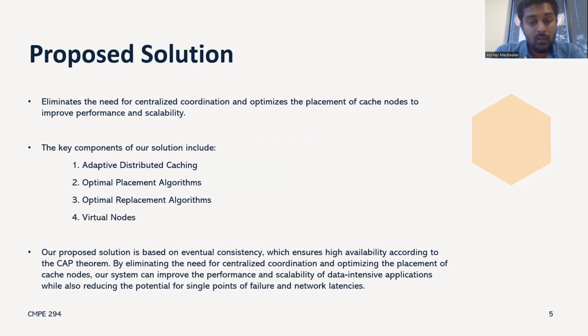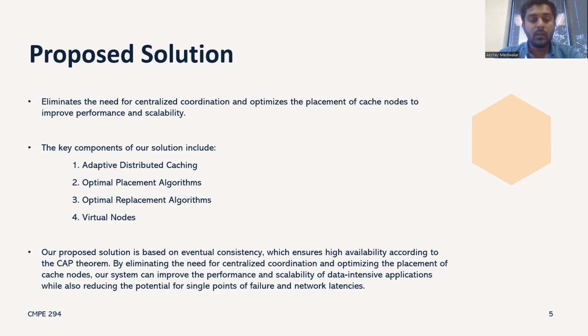Some of the key components of our solution include the caching system that maintains a configurable number of duplicate objects and locations across multiple cache nodes to eliminate the need for a centralized coordination server, hence the adaptive distributed caching, and the optimal placement algorithms.